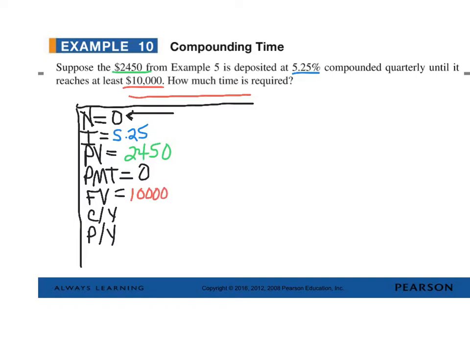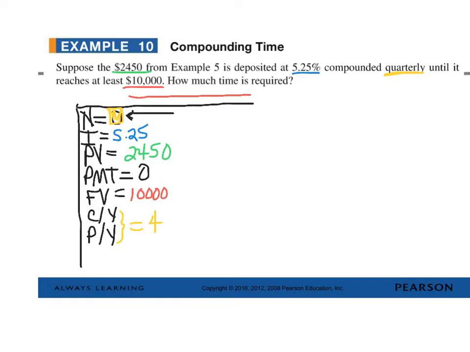And because our interest rate is compounded quarterly, both C/Y and P/Y are going to be 4. So then you go to the cursor, and you put your cursor on the 0 at n, and Alpha Solve will give you the answer you're looking for.